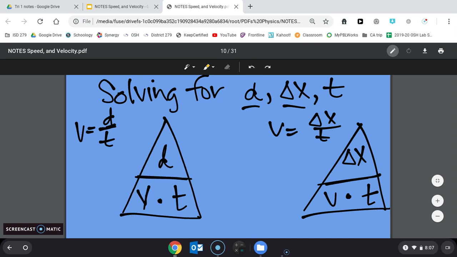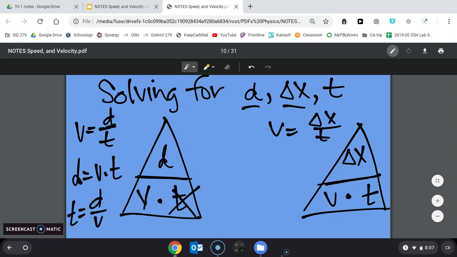If I want to solve for D, I cover it up. I am left with V times T. If I want to solve for time, I cover it up, and I'm left with D over V.